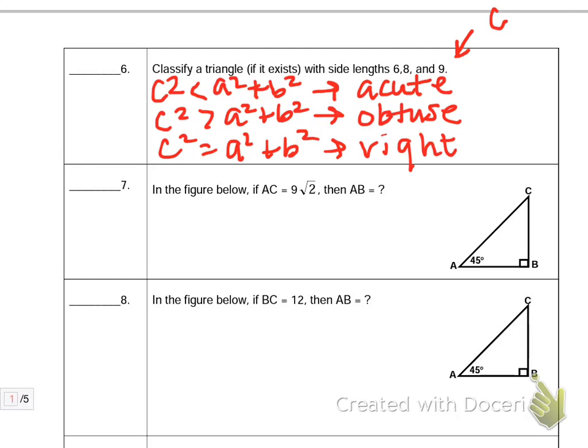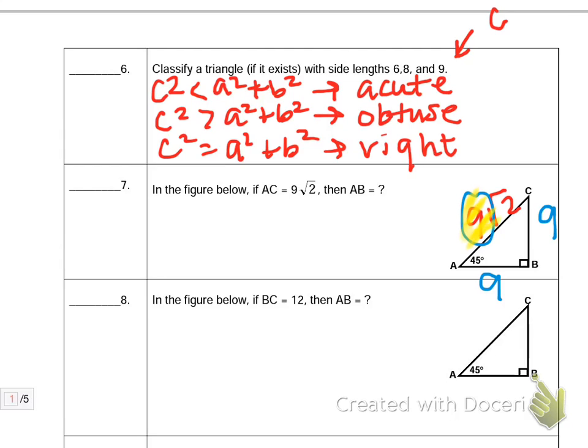Number 7, in the figure below, AC is 9 square root of 2. What's AB? So on this one, 30, 60, 90, I know a lot of students had trouble on this. If I'm giving this long side AC, then I know that my other sides are going to be 9 from this 9 right here.